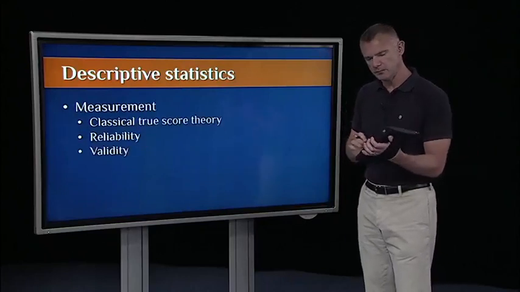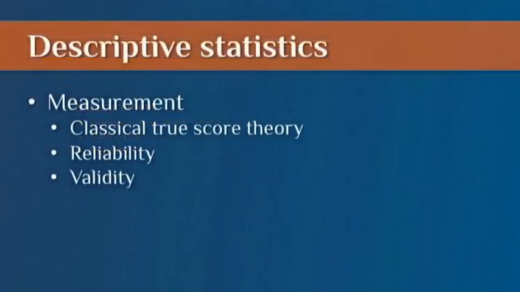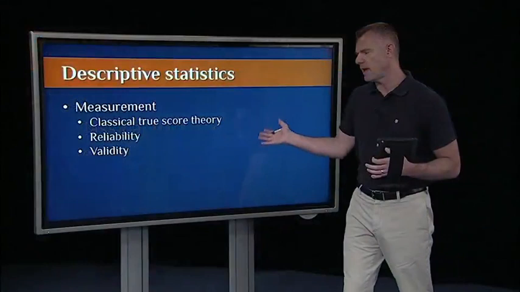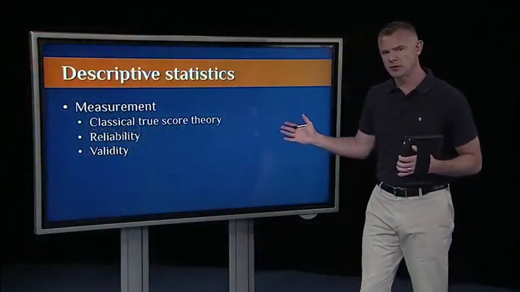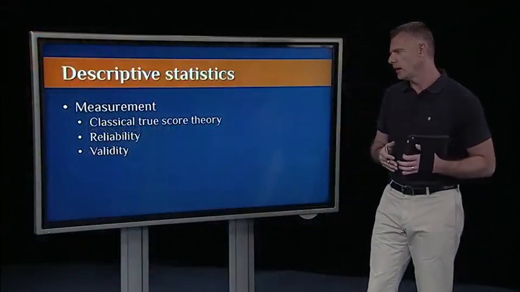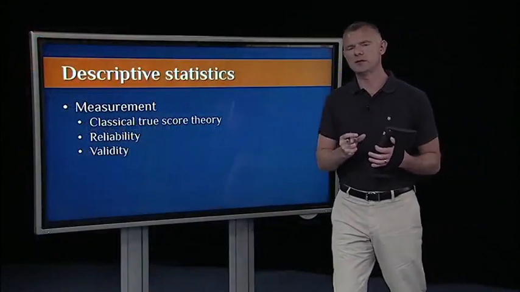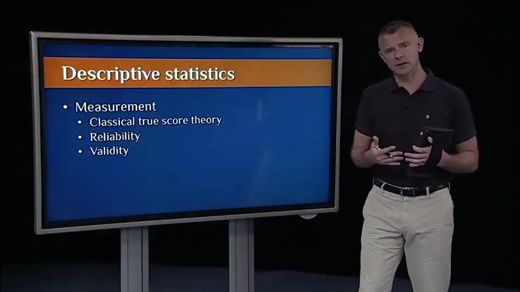And then finally, in that first chunk of the semester, I talked a lot about measurement. And again, that's something that's important to me because it's important to my own research. So we talked about classical true score theory, which comes from psychometrics. And 2 really important pieces of that are reliability and validity.